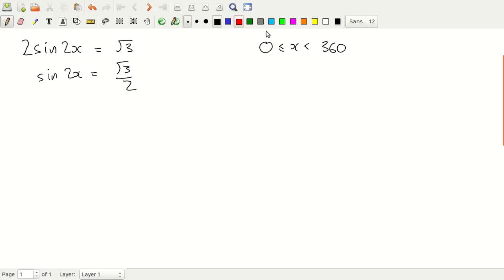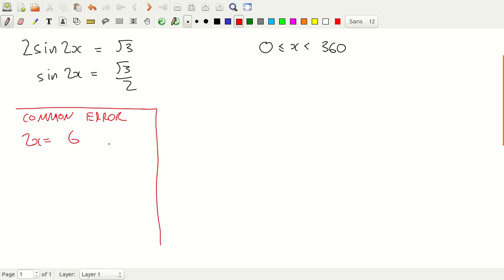At this point, I'm going to pause, sort of digress, and highlight a common error, a common mistake. Here it is. It says, from my calculator, 2x equals inverse sine of root 3 over 2, which is completely right, is 60 degrees.